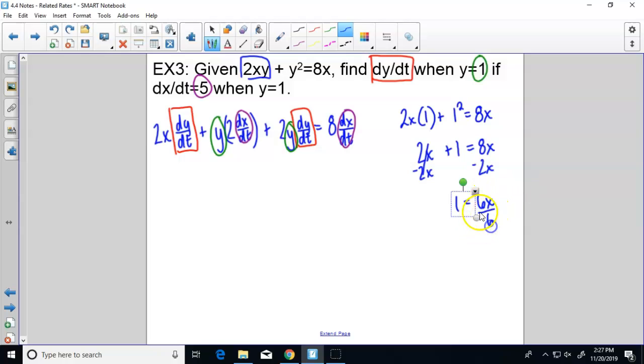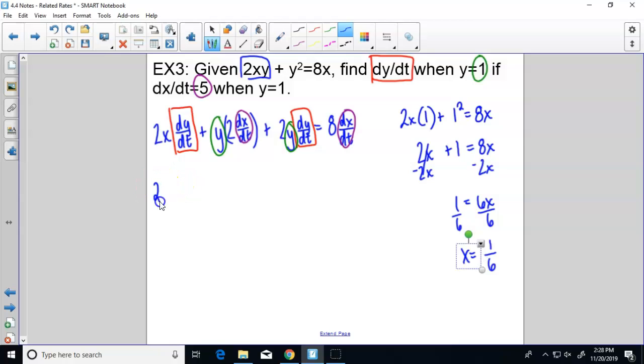And then we'll divide by 6. So x equals 1/6. Any questions so far? Okay, we're going to plug everything in.